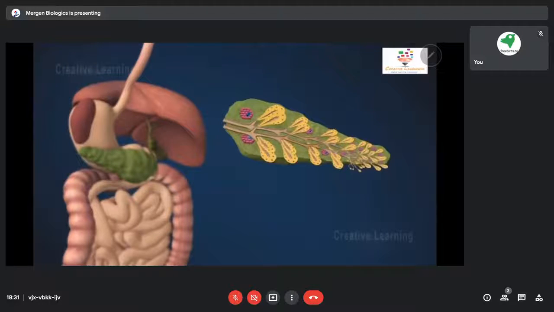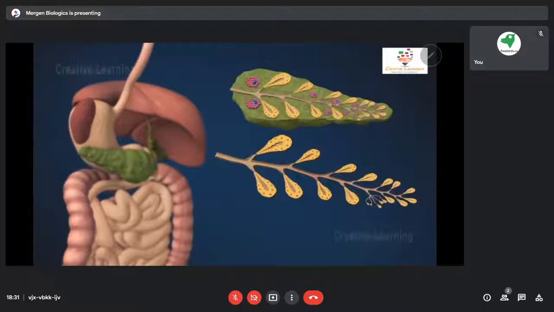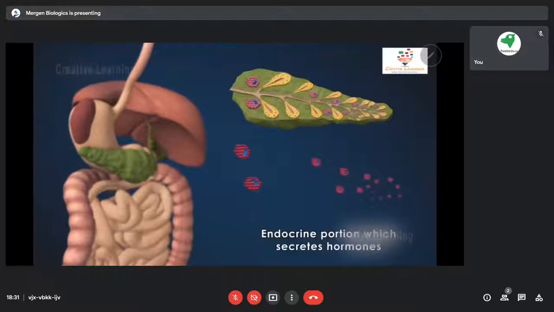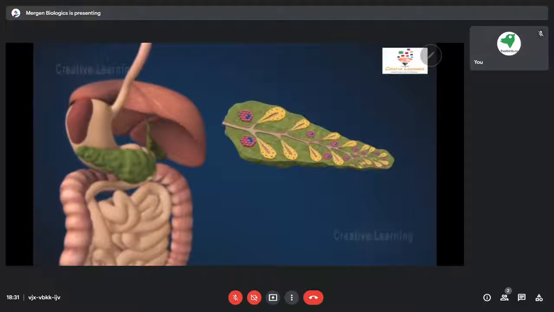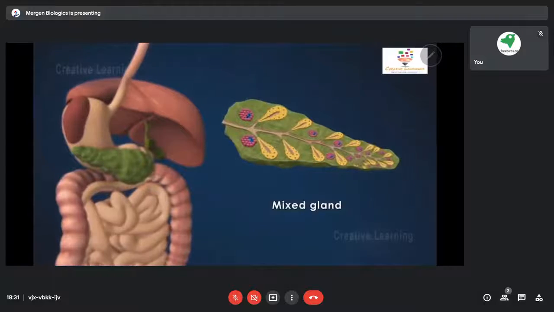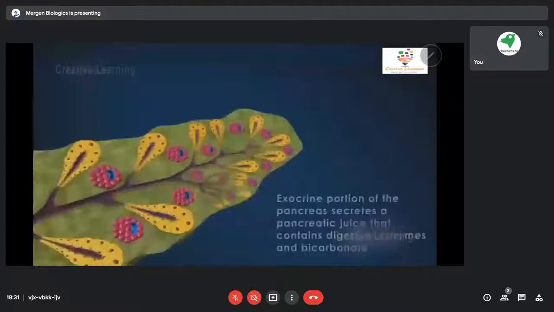The pancreas has two types of tissue. The exocrine portion secretes digestive enzymes, and the endocrine portion secretes hormones. So it is our organ which secretes both enzymes and hormones, and so it is known as a mixed gland, as it performs two functions.